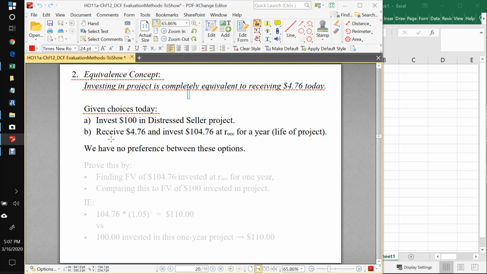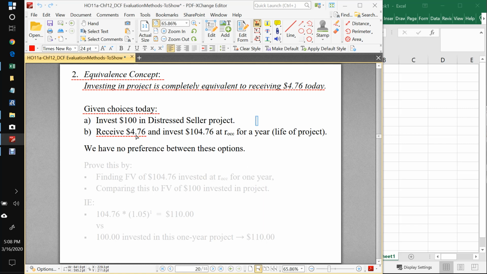And the second one is we could have someone just drop on our head, just out of the sky, $4.76, and then we could invest the whole $104.76 at our opportunity cost of capital for a year, which is the life of our project. What the equivalence concept is saying, we have no preference between these options.